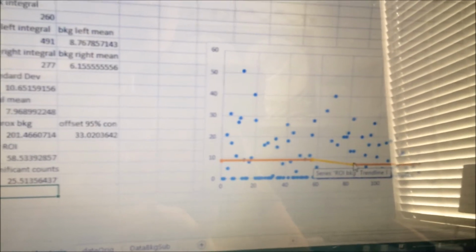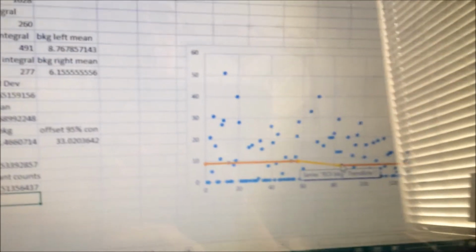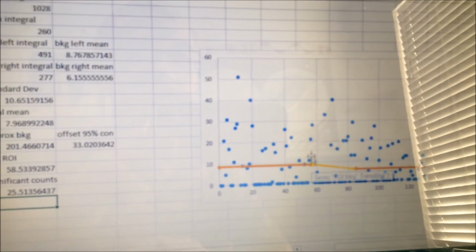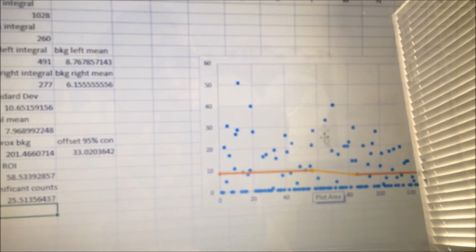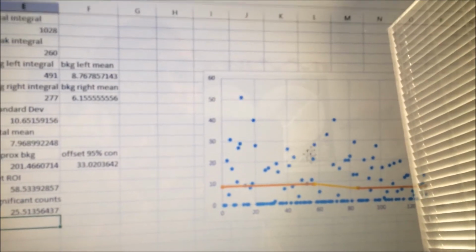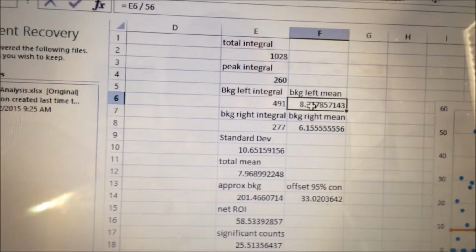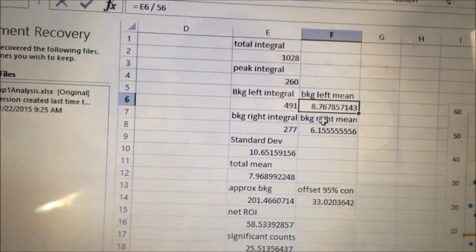And we're saying that the peak that we think we're getting is between this point here and this point here, which is not too unreasonable. You can see the shape of the peak there. So this is the mean of the background on the left.